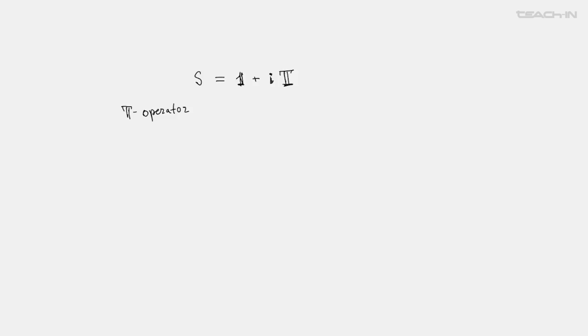Now, evaluating the S-matrix element between two states, say initial state I and the final state, which I denote by F, we obtain the corresponding S-matrix element, F S I. And if we write it by substituting this decomposition of the S-matrix, we get then <F|I>, that's what comes from the identity operator, plus i <F|T|I>.